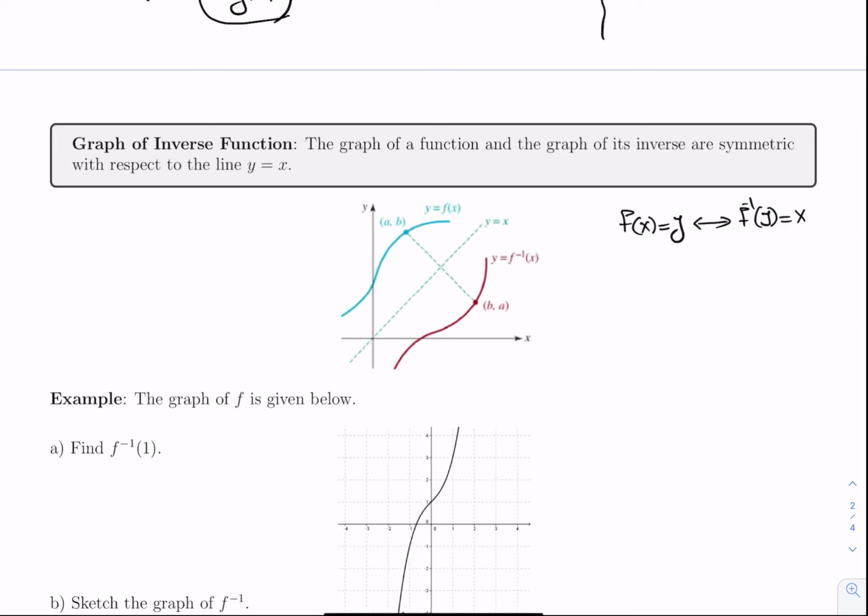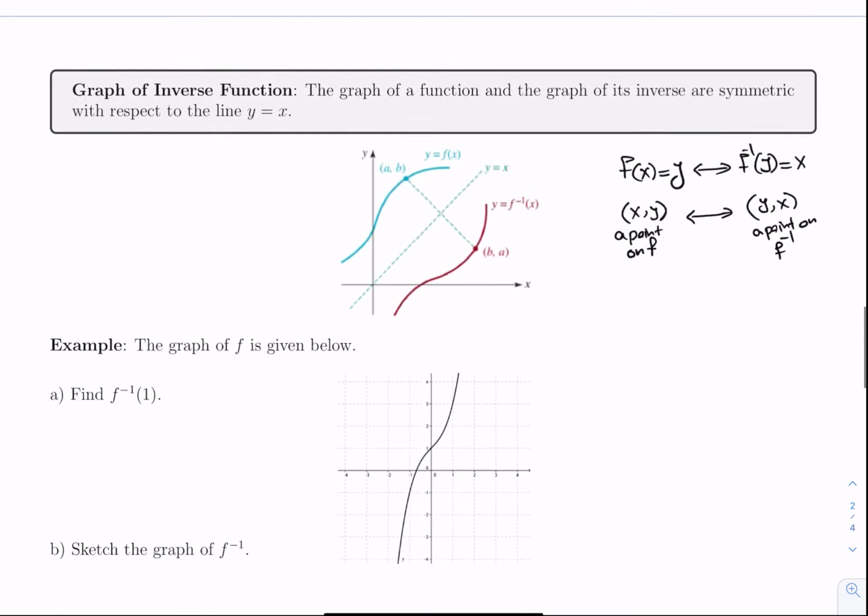So if I have a point on the graph of f in the form x and y, then I can conclude that the point y and x, where the input and output are switched, is going to be a point on the graph of f inverse.